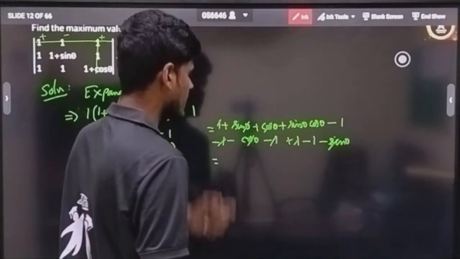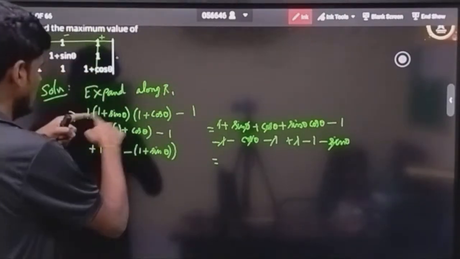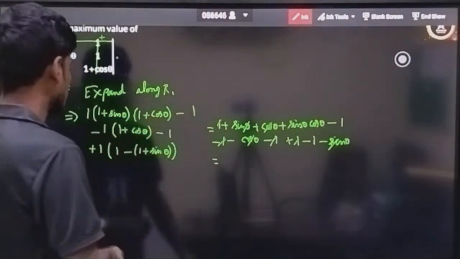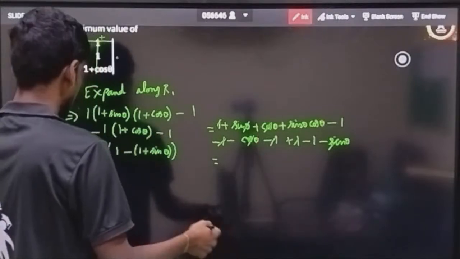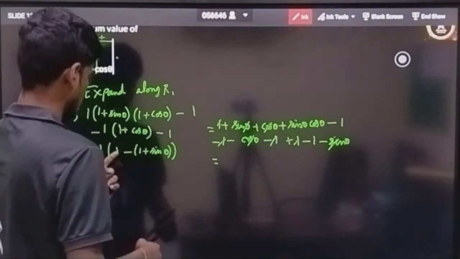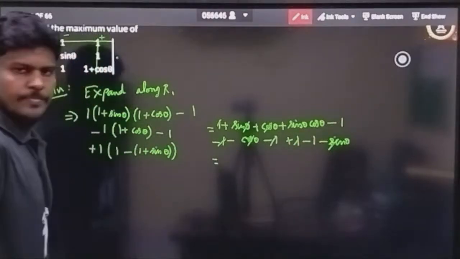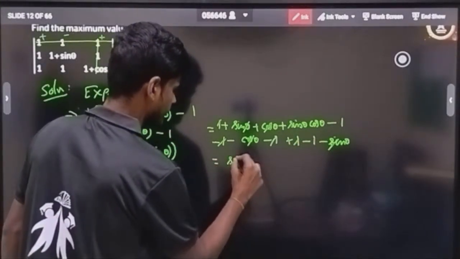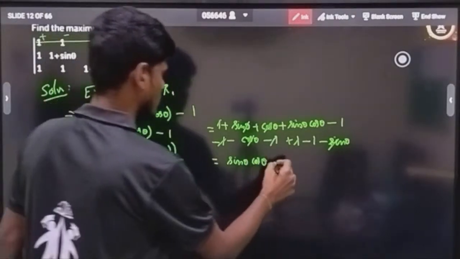This will be sin theta cos theta minus 2. Correct? Yes. Final answer is sin theta cos theta minus 2.